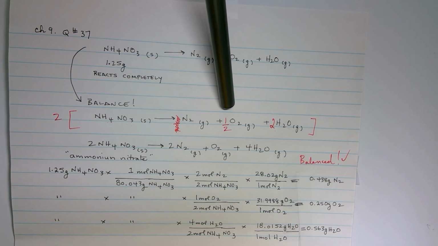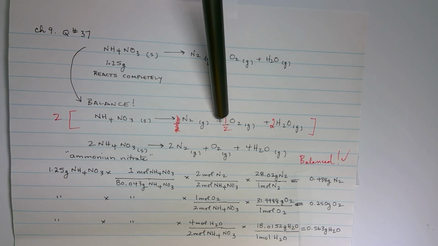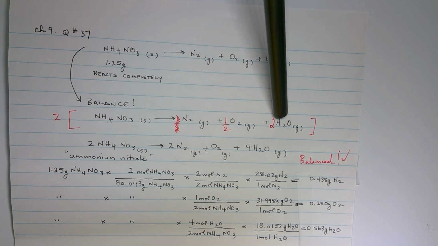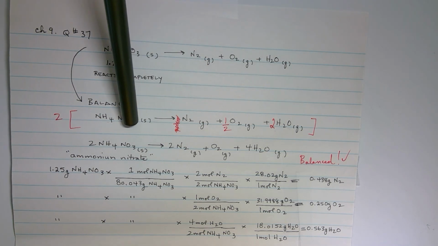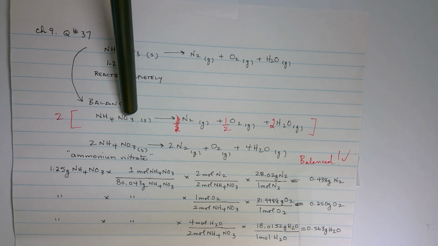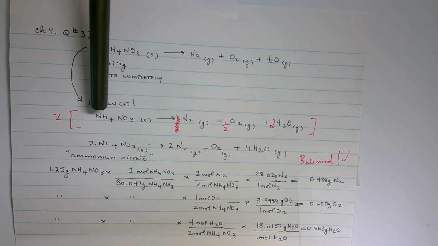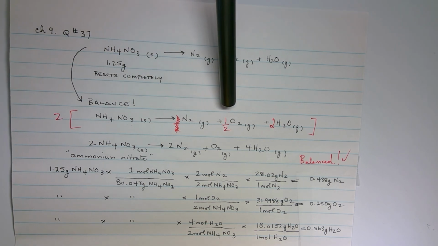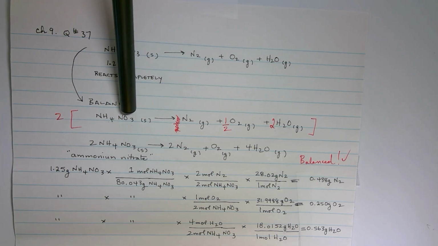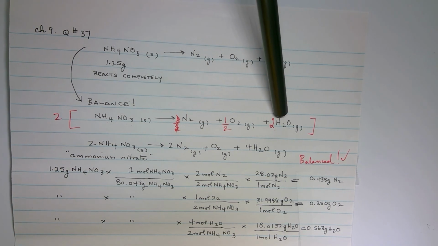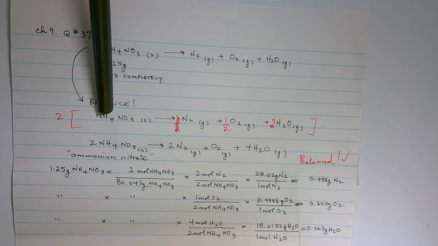So that's why the 1/2 is there. If I take 1/2 of O2, that's 1 oxygen, plus 2 oxygens gives me the 3 needed over here. And I had 2 nitrogens, 2 nitrogens, 3 oxygen, 3 oxygen, and 2 times 2, 4 H's and 4 H's.